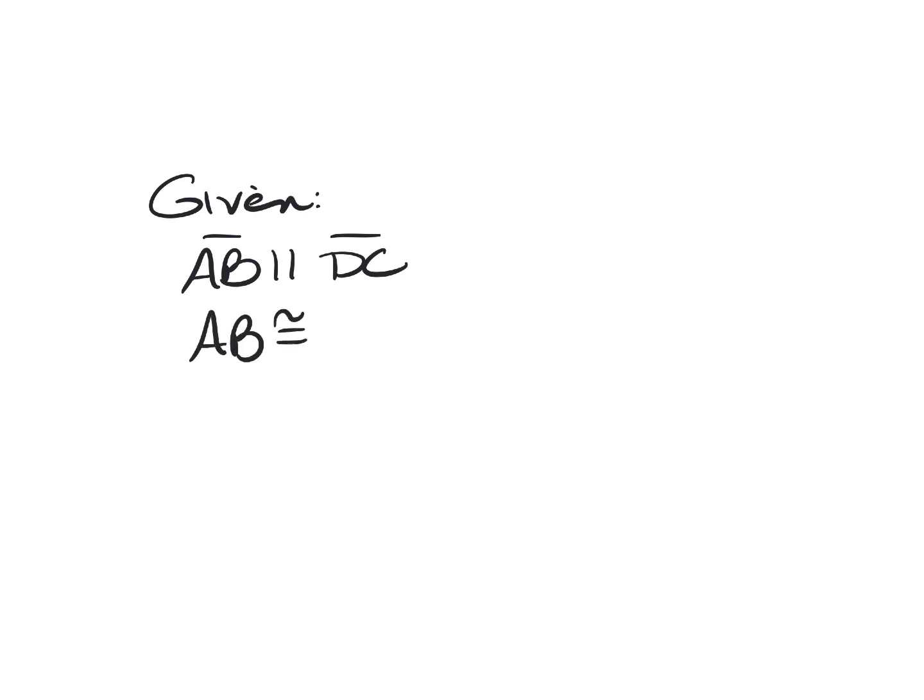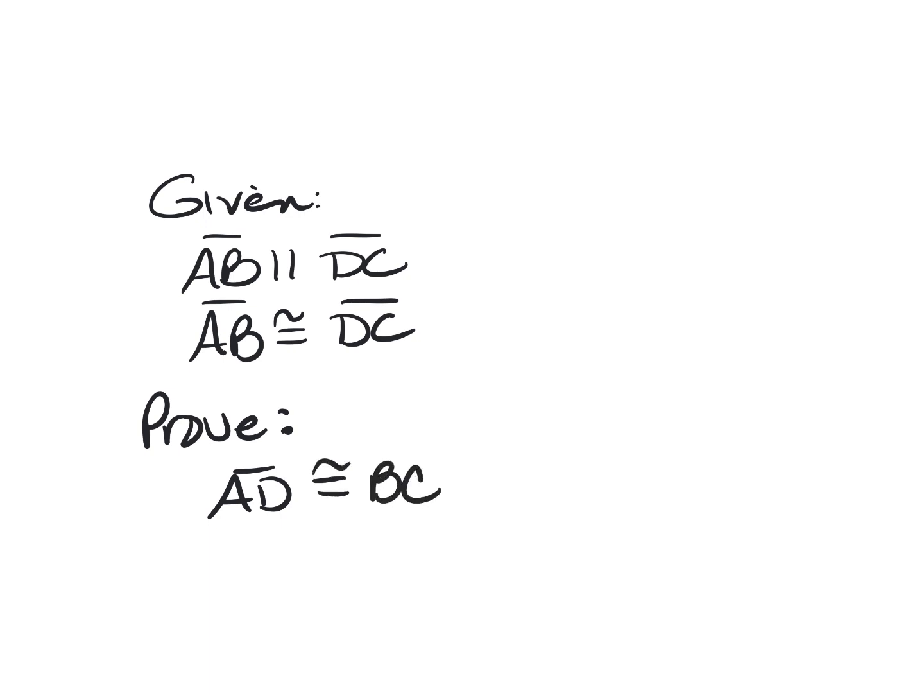All right, last example. Given that AB is parallel to DC and AB is also congruent to DC, I want you to prove that AD is congruent to BC. So let me go ahead and draw the parallelogram now.